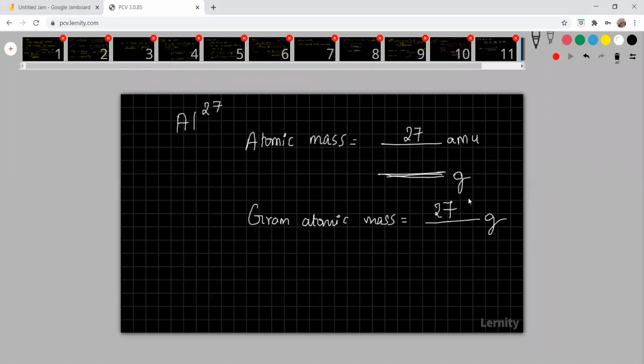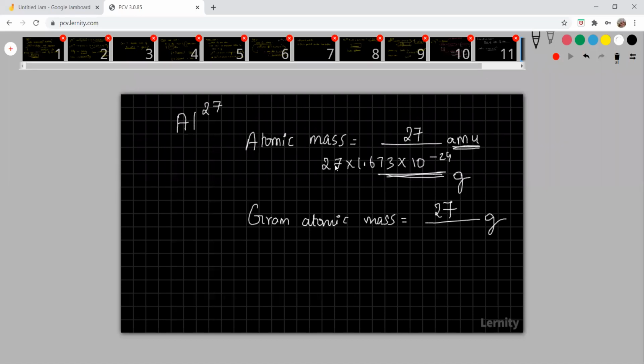Atomic mass in grams. Who answers this? Anyone else? Yes, Guru Varshini. Ma'am, 27 into 1.673 into 10 power minus 24 gram. Very good.